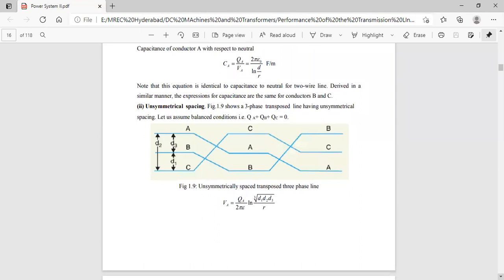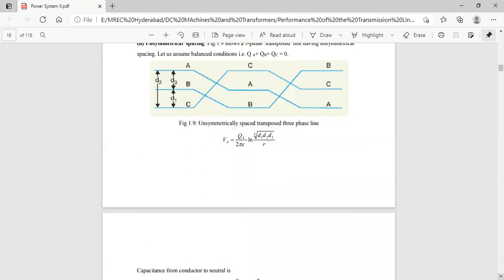Now, unsymmetrical spacing. Here also you have to apply transposition between the three conductors. That means the voltage drop will be equal, and the position of the conductors is changed at equal intervals of distance. Let us assume balanced conditions, QA plus QB plus QC is equal to 0.